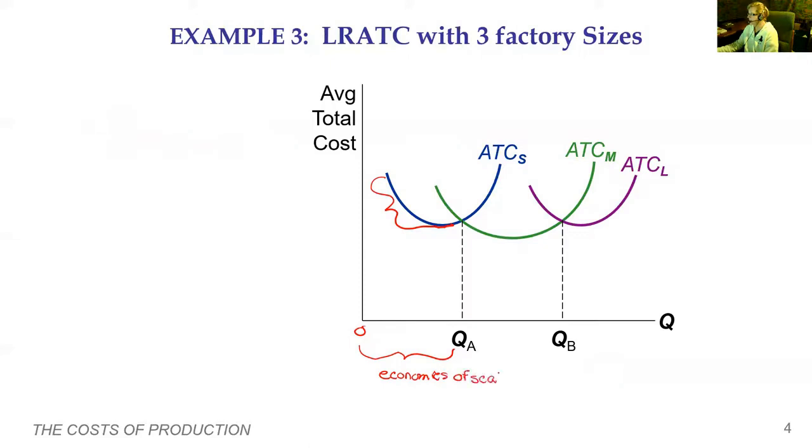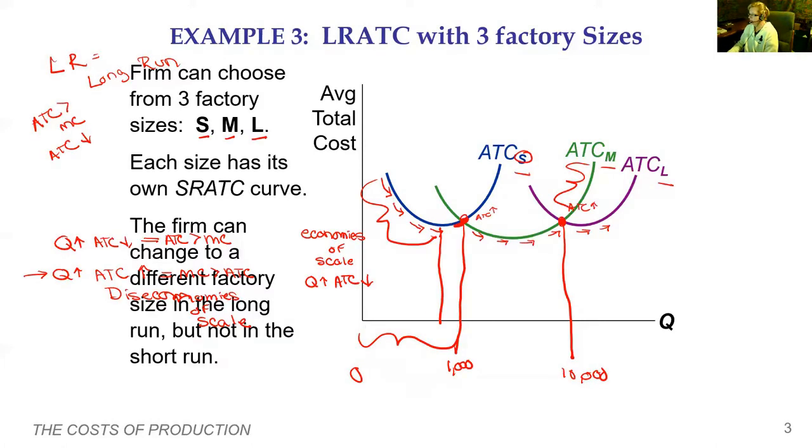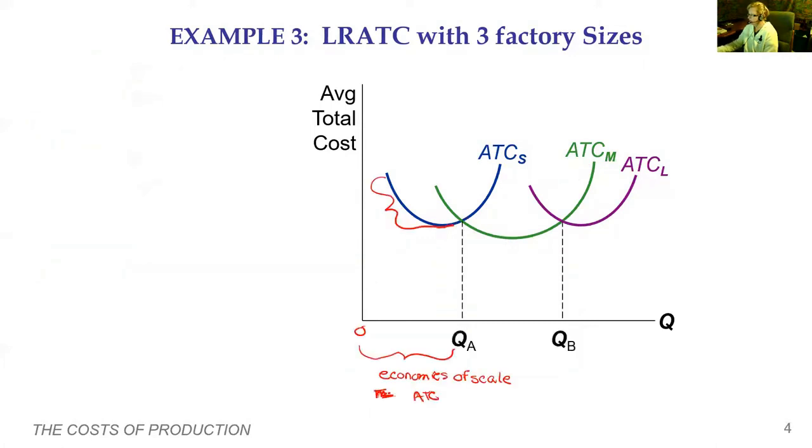Okay, and economies of scale basically say that my average total cost is greater than my marginal cost, and so average total cost is falling.